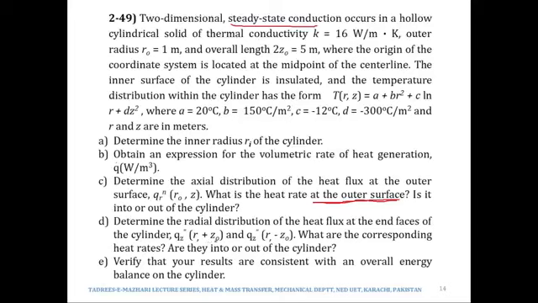So over here we would be evaluating the heat flux, applying Fourier's law of heat conduction, heat flux means minus k ∂T/∂z, and we will evaluate it at z naught, and then at minus z naught, which means once we put z as plus z naught, which would be 2.5, and then z as minus z naught, and then we will calculate the answer. And then in the last part we have to verify whether the results are consistent.